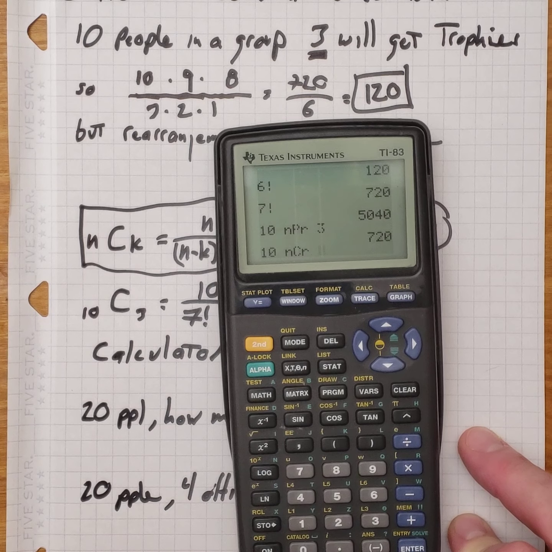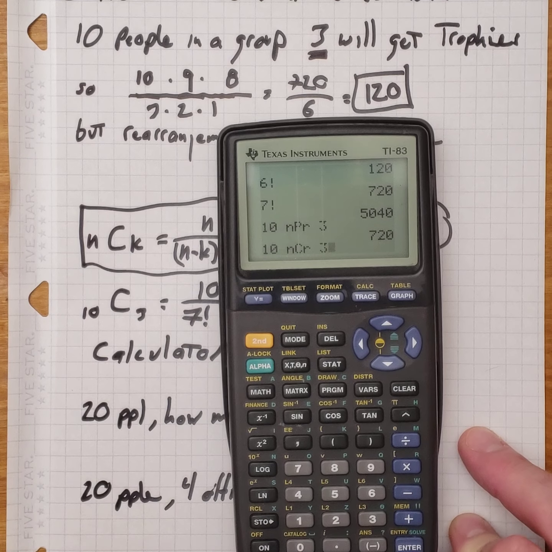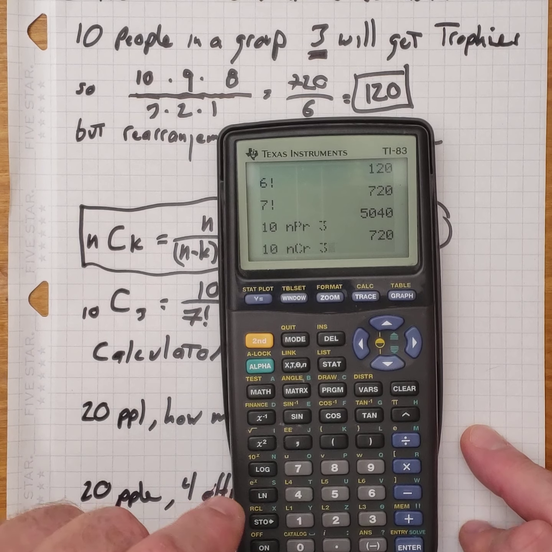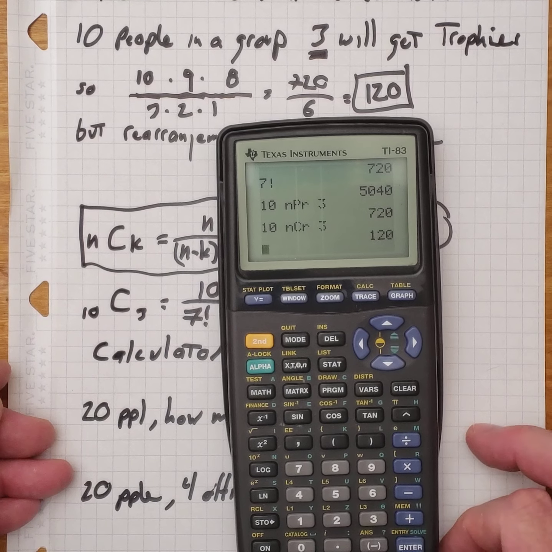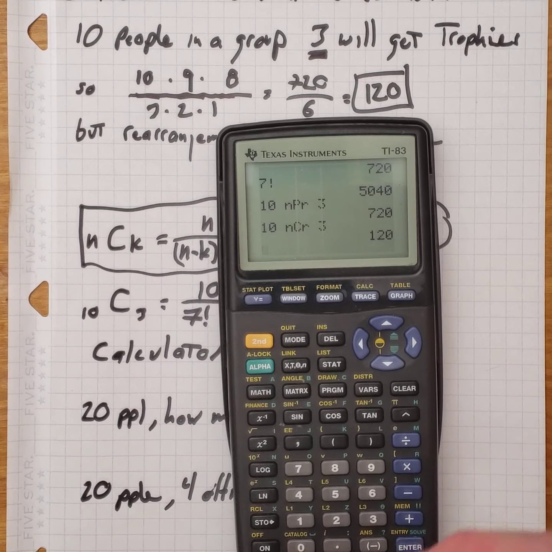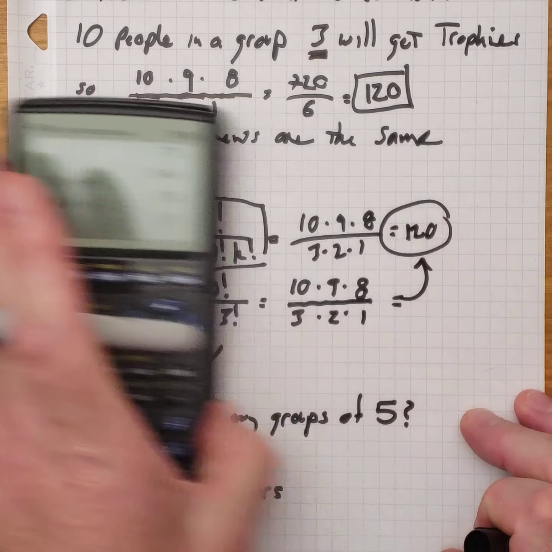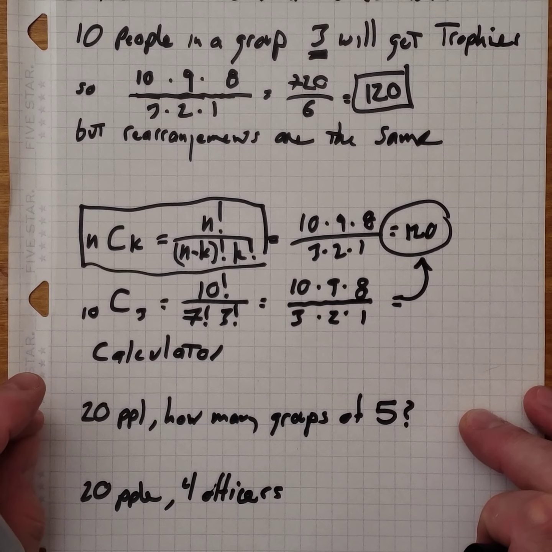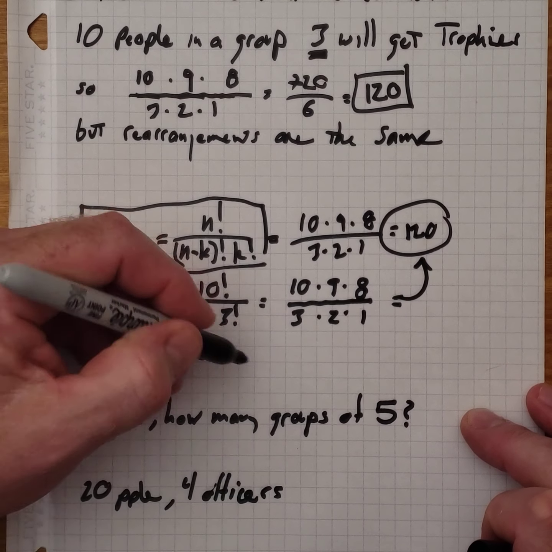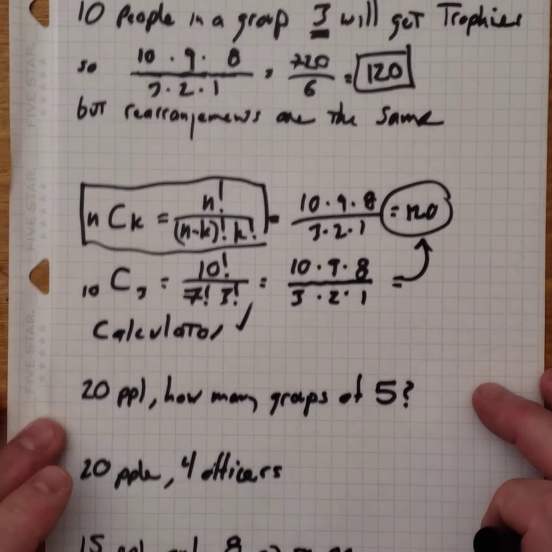I apologize again, I did k in my notes. It's r in the calculator. I don't think, the way most of my students spell, that many will even notice the difference. So there we go, we get our 120. Okay, so that's how we use the calculator for permutations, combinations, and also for factorial, which we did last time. They all come from the same place in the calculator.